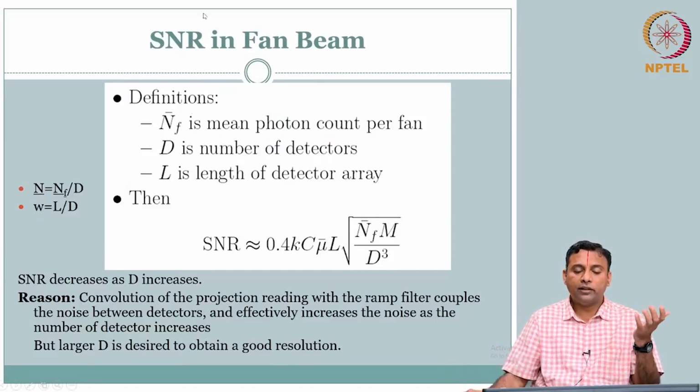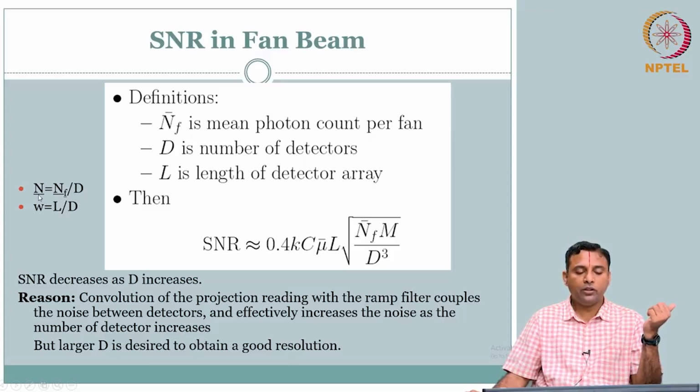So you can do the similar thing for your fan beam. When you do it for fan beam, you can talk about n suffix f as the number of photon counts per fan, and d is your number of detectors, and L is the length of the detector array. So there is a slight change in the formulation because of this. So your SNR is 0.4 K C mu L n of m by d cubed.